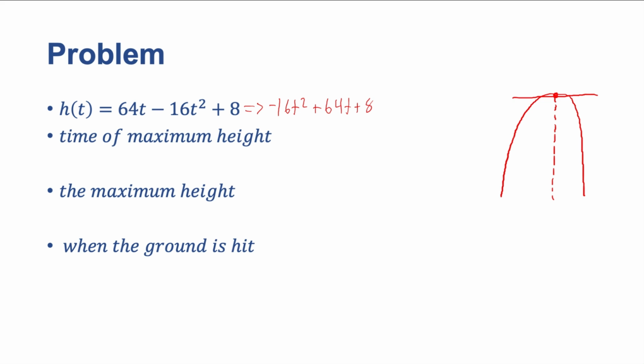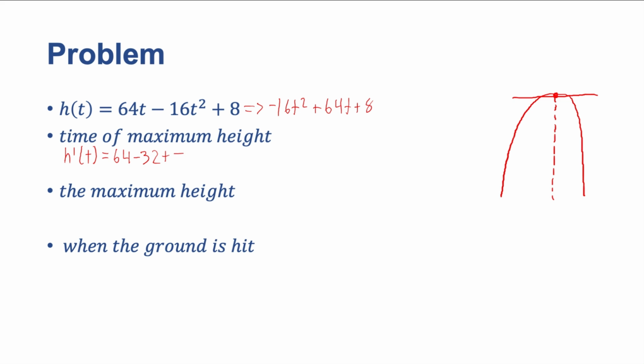To find the time of maximum height, we're going to take the derivative of our height function. So h prime of t is going to be equal to, if I differentiate this, 64 minus 32t.